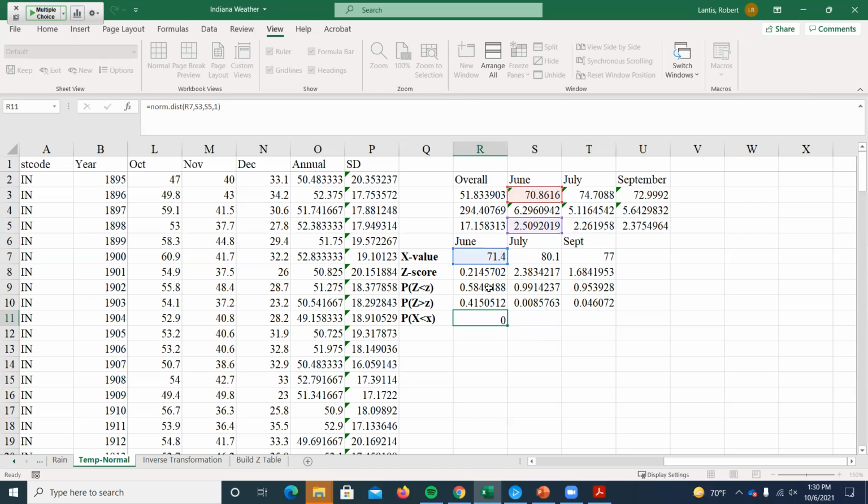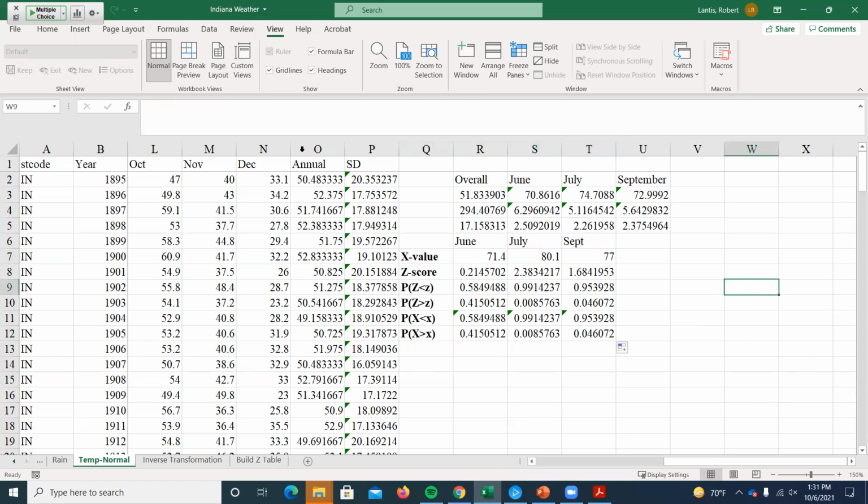We've just avoided all of the steps in between. So we don't have to calculate the z-scores. We can use that norm.dist function, which will do it for us behind the scenes and get those same probabilities. And if I want the probability of being greater than a certain value, same idea, I can just do 1 minus here.